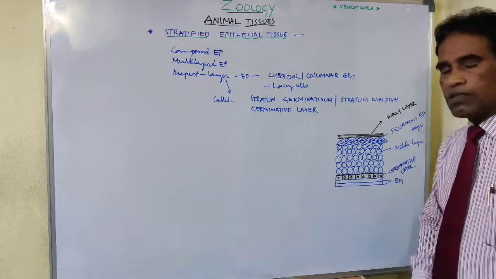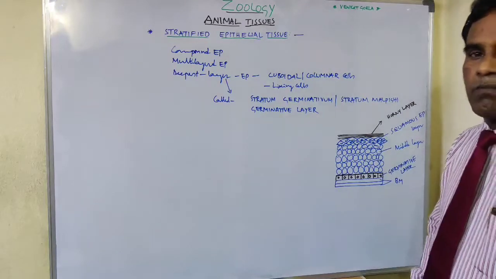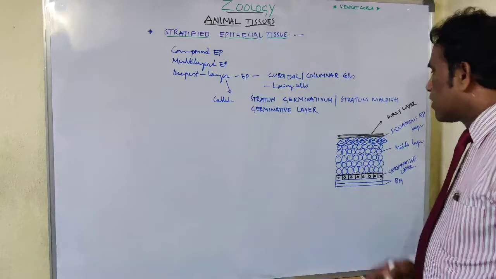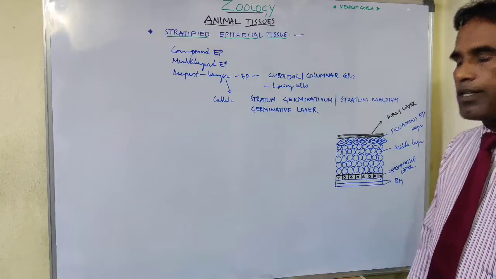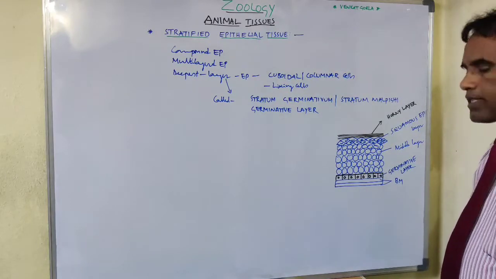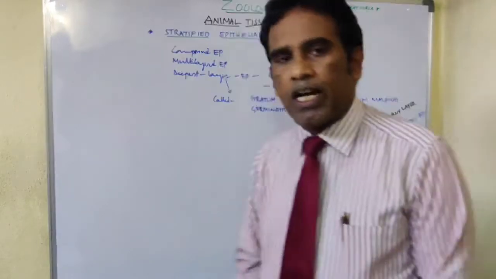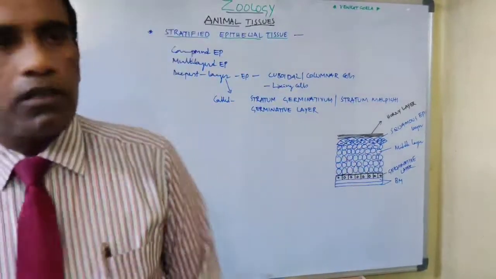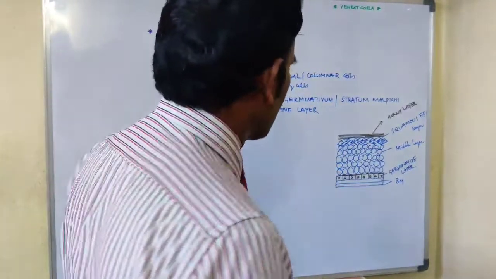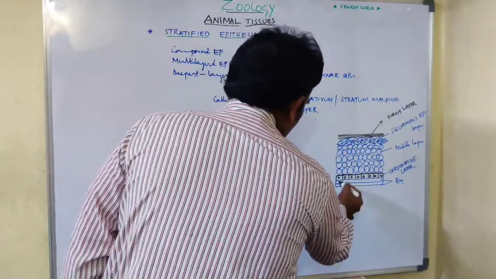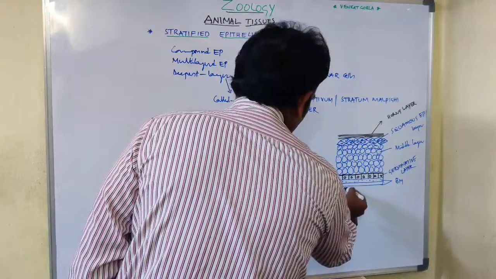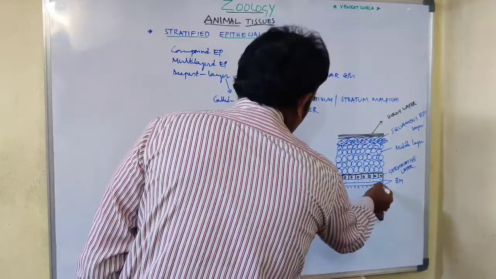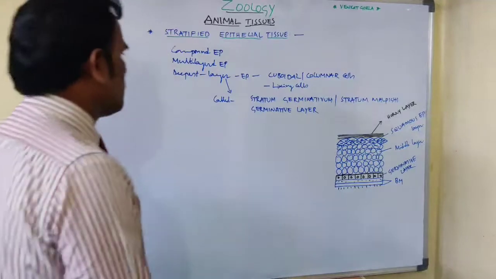So at the surface, at the end of the layers of squamous epithelium, a waterproof layer is formed, called the horny layer or stratum corneum, which we will see later in detail. This is the stratified epithelium, lying upon the tissue.